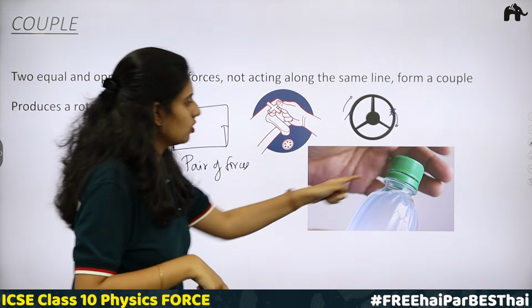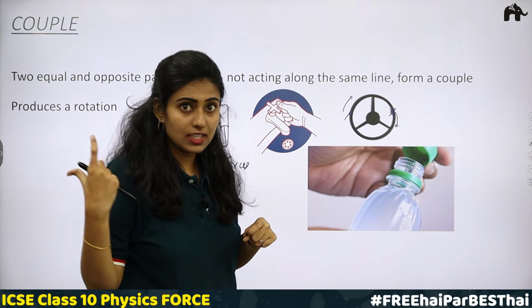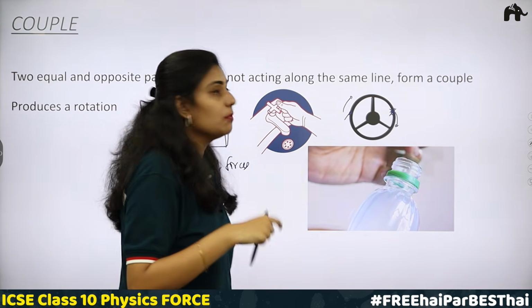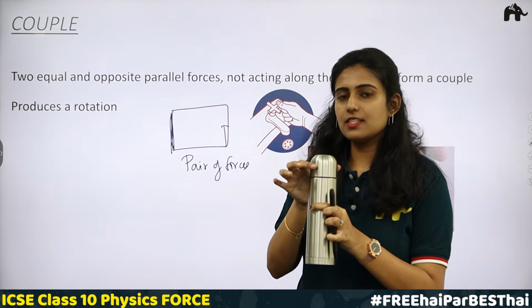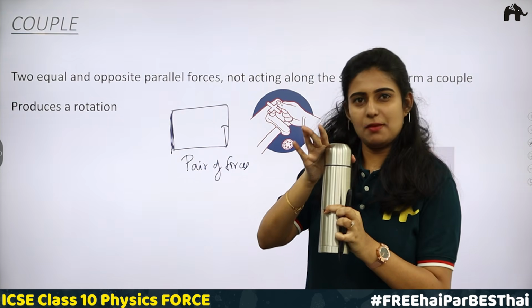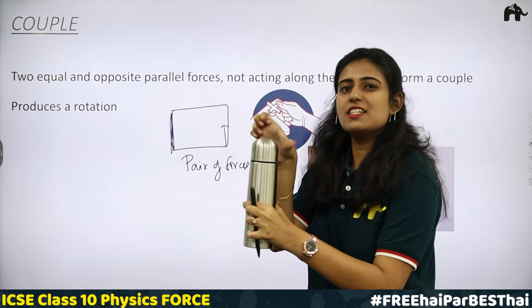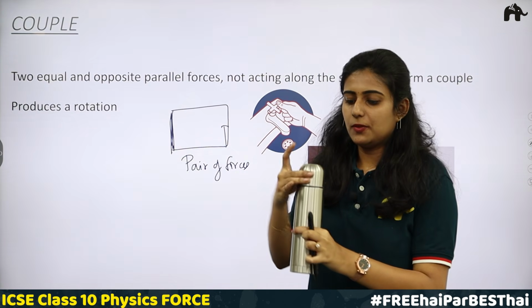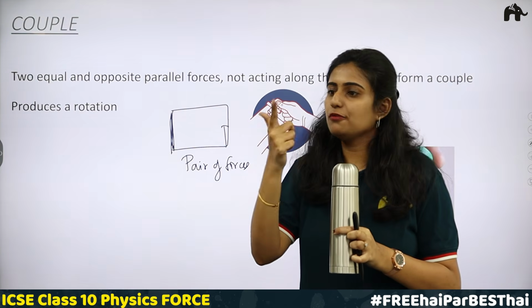Take the case of this water bottle. Is he using just one finger? Even with one finger it can be done, but it is easier when both fingers are used. I have a water bottle. I need to open this. I can apply force with just one finger. I am just using the thumb, but it is difficult for me to open. Now I am using two fingers, my thumb and my forefinger.